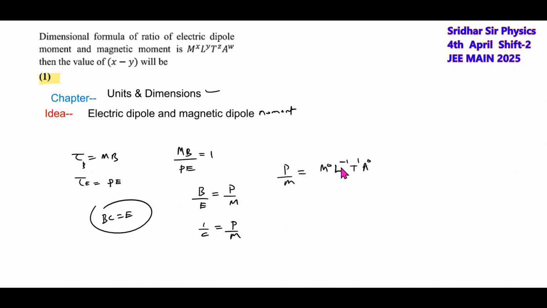So x minus y, x is 0, y equal to minus 1, z equal to 1, and w equal to 0. Okay, fine. Now y will equal to y, x minus y will be 1.